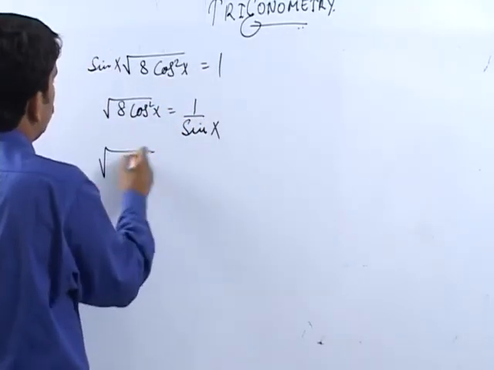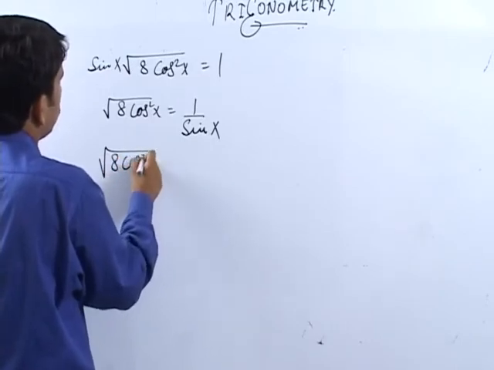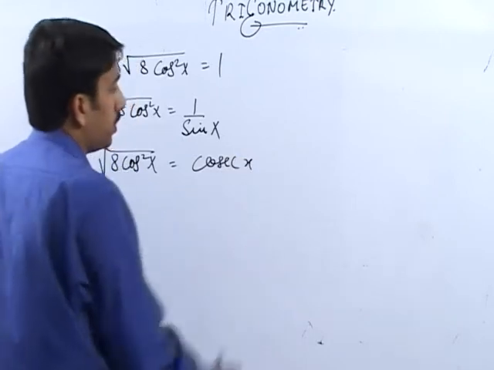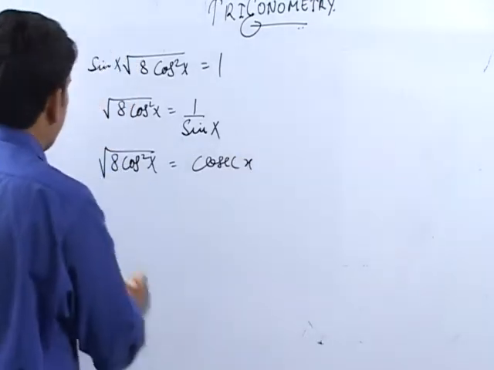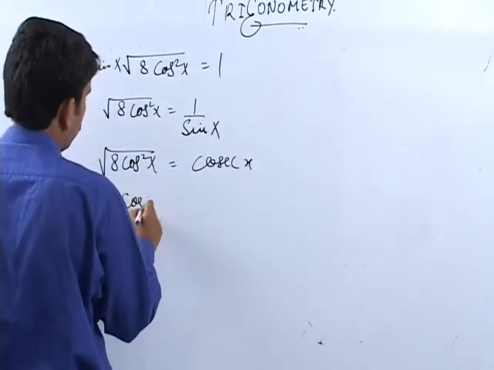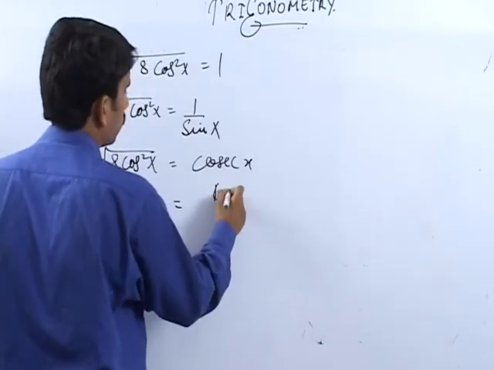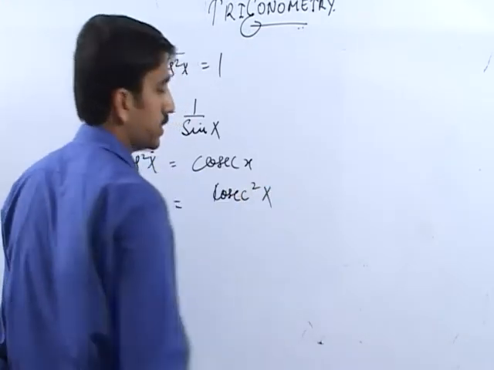Now this is equal to 8 cos square x is equal to cosecant x. Now squaring both sides, you will get 8 of cos square x is equal to cosecant square x.